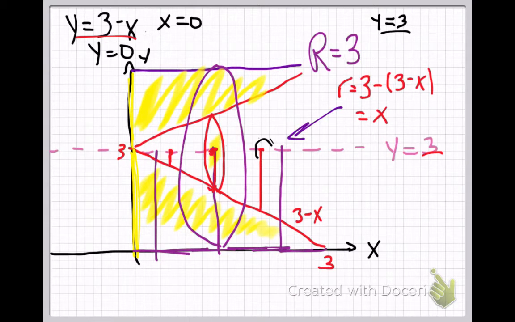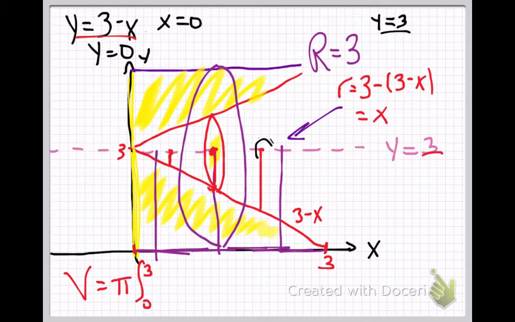So now when we go to set up our volume, we're going to do pi times the integral from 0 to 3 again, because that's still our upper and lower limits for vertical slicing on the x-axis.